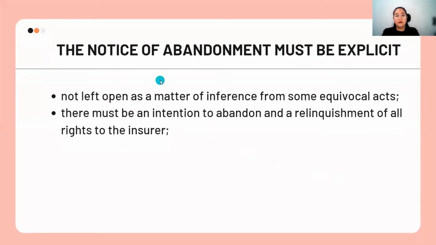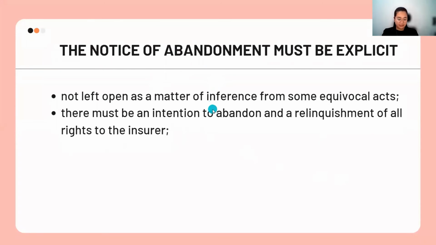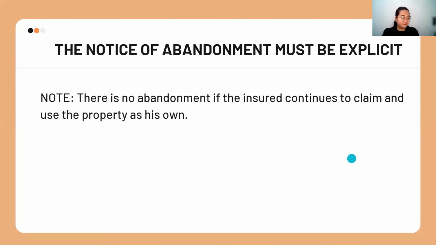So the notice of abandonment must be explicit. It must not be left open as a matter of inference from some equivocal acts. There must be an intention to abandon and relinquishment of rights to the insurer.